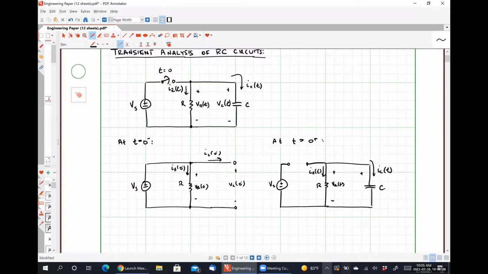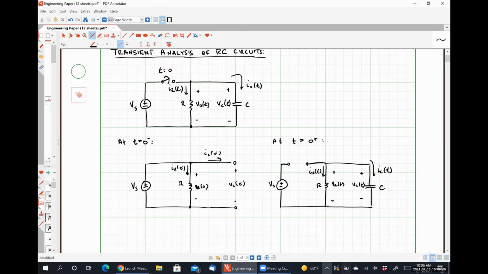Right? And so what's going to happen is that the capacitor is going to start transferring its stored energy to the resistor until the voltage drop across the capacitor reaches zero, which will occur when all of the energy stored by the capacitor has been converted to heat by the resistor.